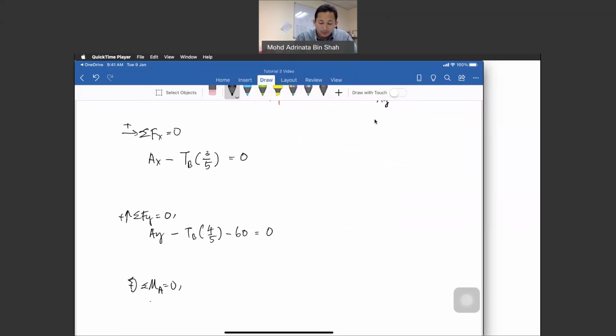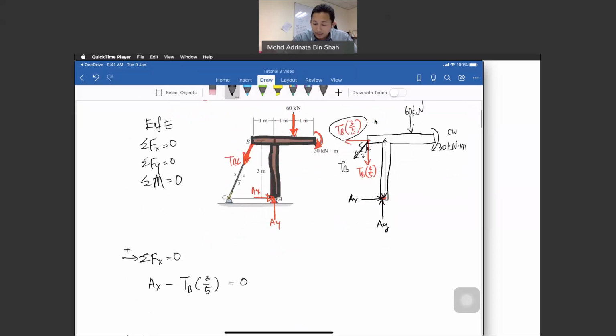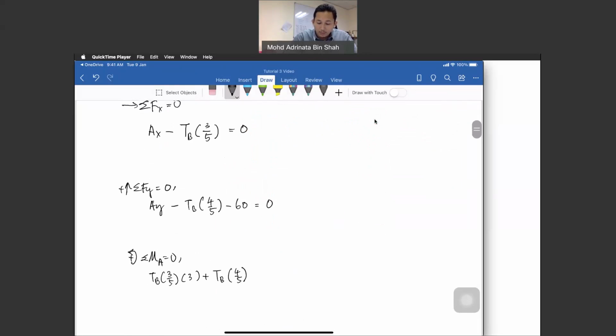Positive TB 3 over 5, distance 3 meter plus TB 4 over 5, distance is 1 meter times 1 meter.